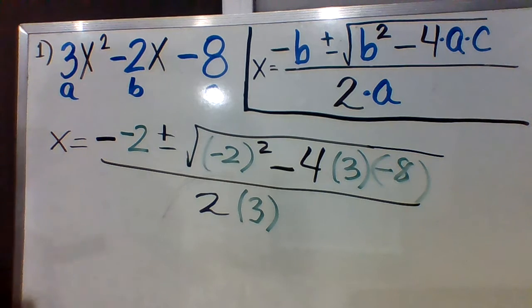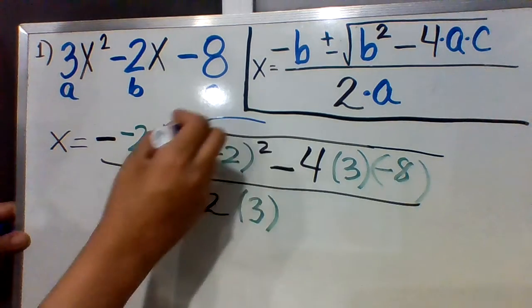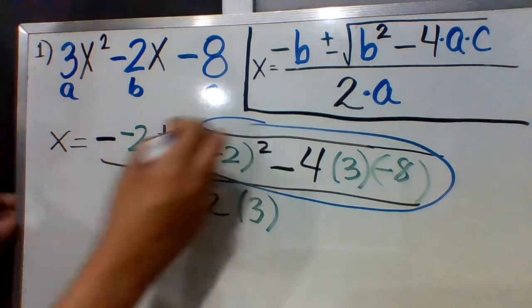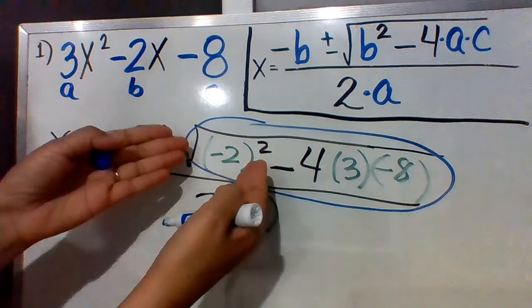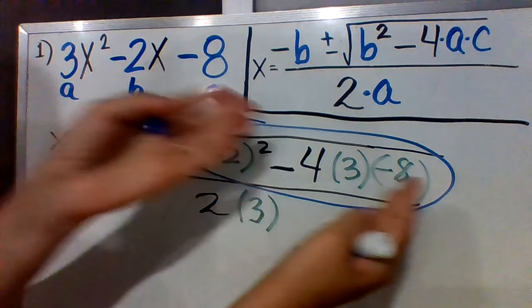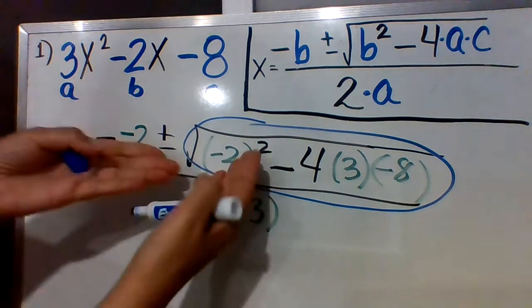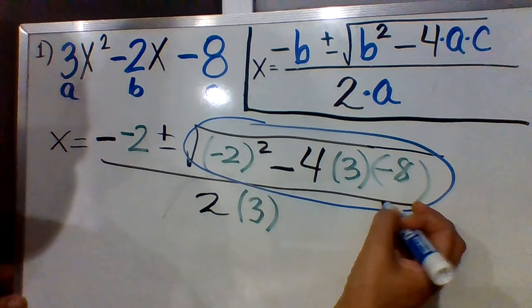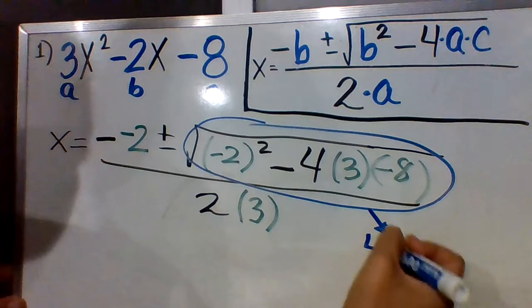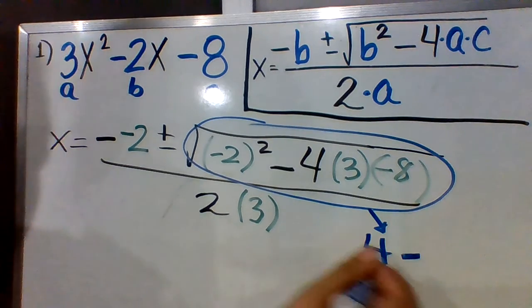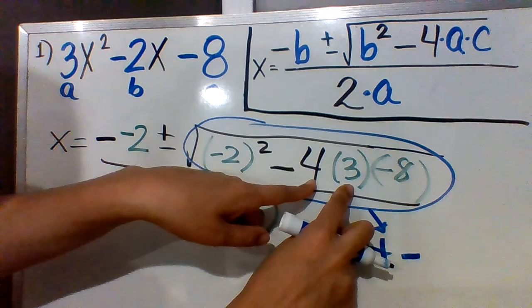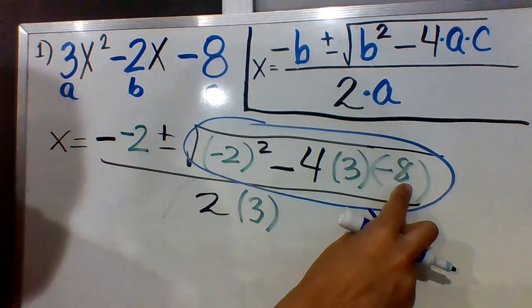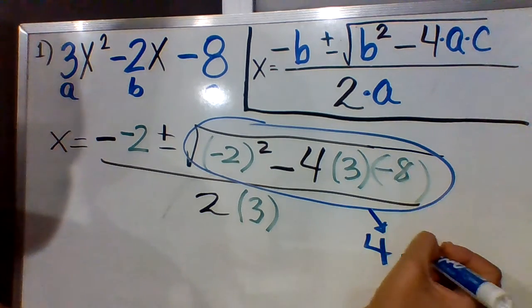Okay, now that I plugged everything in, the next thing you do is solve the square root part. So this whole piece right here is what goes first. You have an answer on this side, and then you're going to subtract your answer on this side. So we have -2 times -2, which is going to be +4, minus, and then you have 4 times 3 is 12. 12 times 8 is 96, so it's a -96.